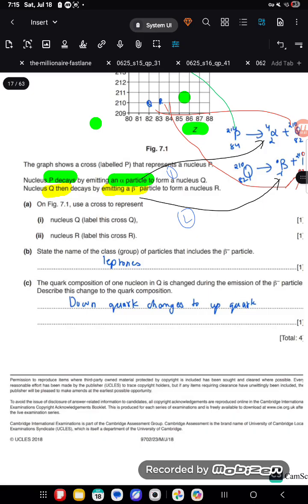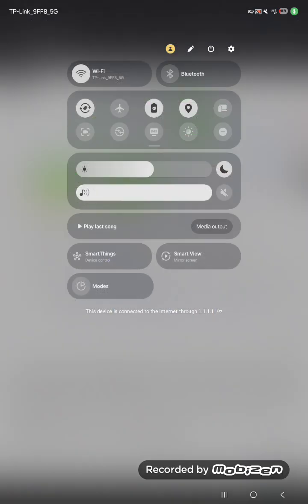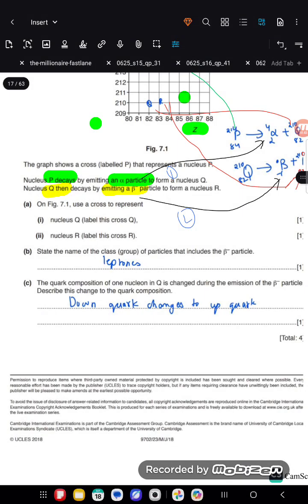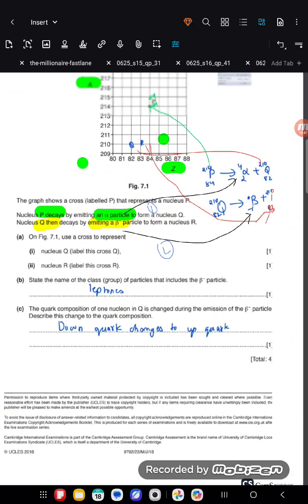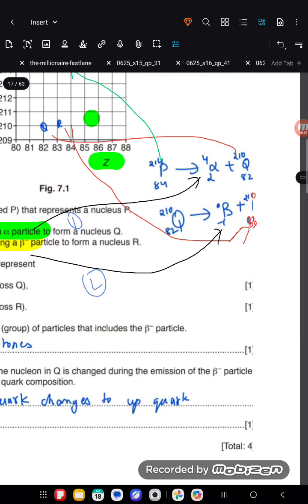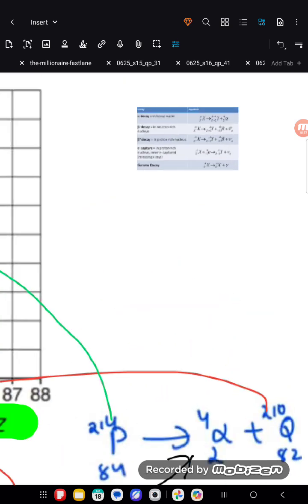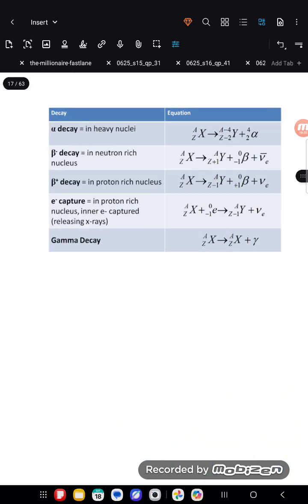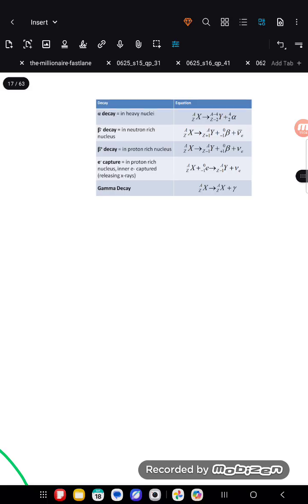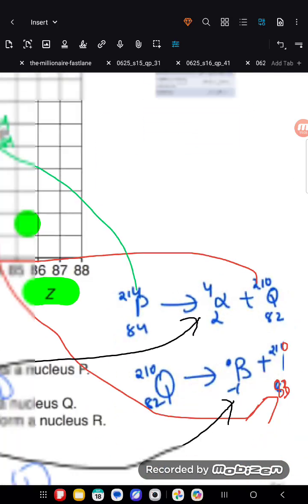Okay, so it went through beta minus decay, this one. So do this one, minus 1, it will be 82 plus 1. Actually this is minus decay, so you can see here in minus decay it is like this, Z plus 1, right? So whatever the number, it will be plus 1.